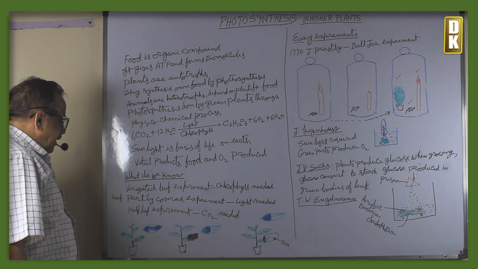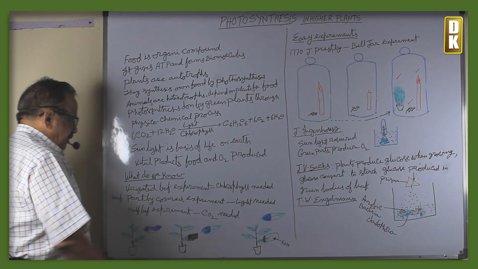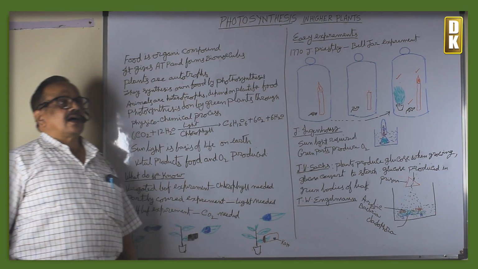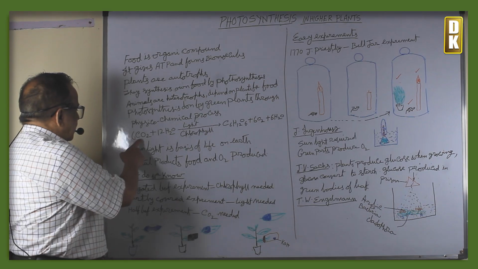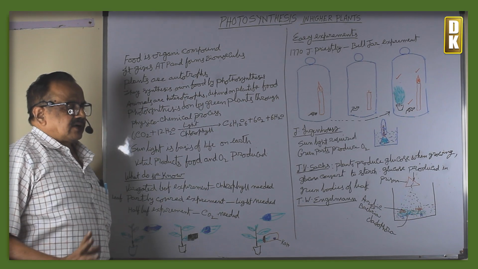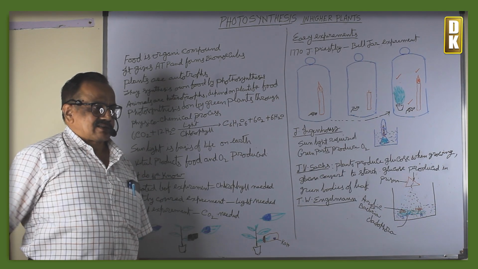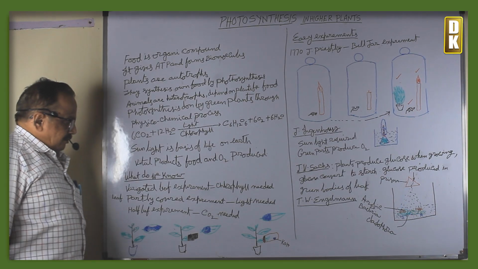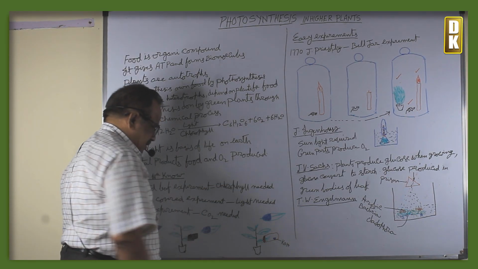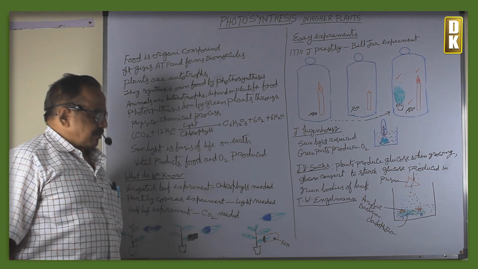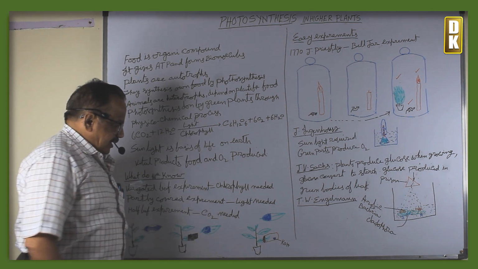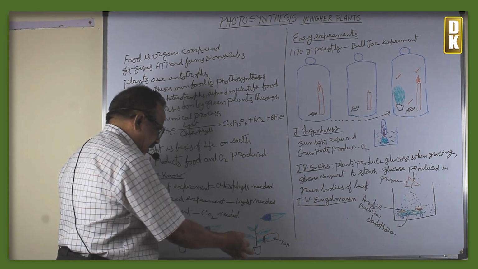And the third experiment is the half leaf experiment by Moll. What is the object of the experiment? Carbon dioxide is required for photosynthesis. That can be proved by one more experiment. In this one, you take a potted plant and select a leaf.